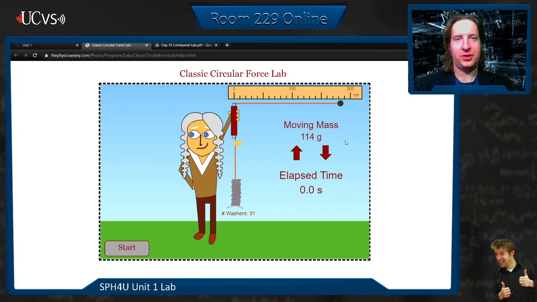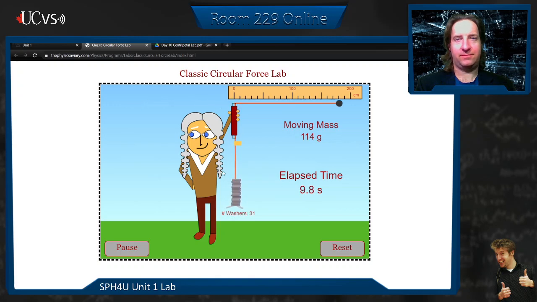So kilograms for washers, kilograms for the moving mass, and meters for the length. Otherwise, you're going to be off by various orders of magnitude. And when I hit start, everything starts spinning, and it's going to show me the time. Okay, you can watch this thing spin around, and you can play around with it.